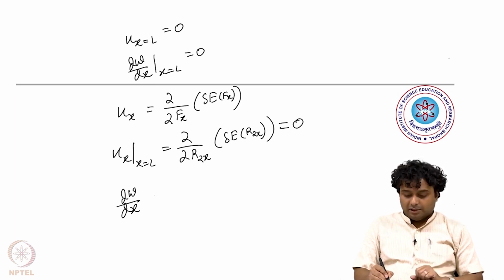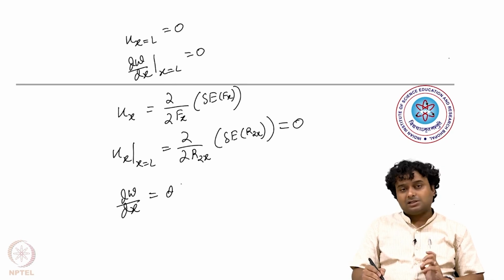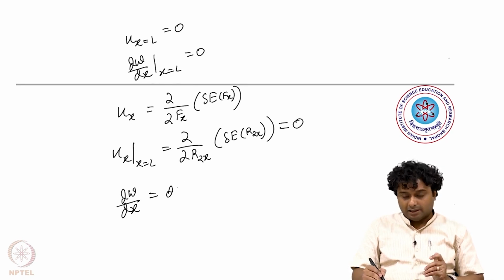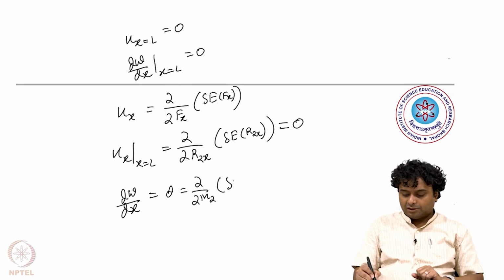So dw/dx is the slope of the beam, some angle, let us say theta. If theta is the deflection, then the force is actually the moment, and at x equal to L the moment is M2. So according to Castigliano's theorem, the partial derivative of the strain energy with respect to M2 is equal to 0.